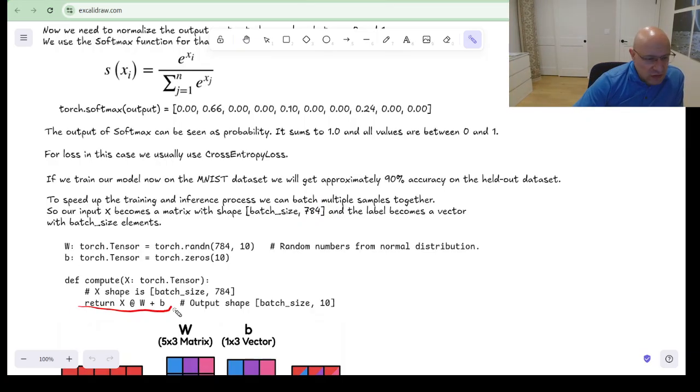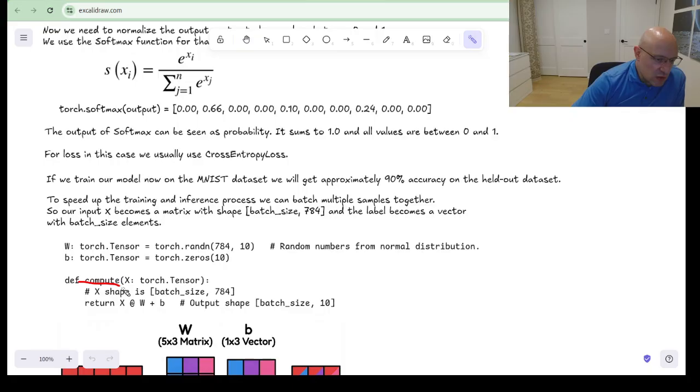So as you can see, it's still the same operator in PyTorch to do all of that. We created W, the weight matrix, which we randomly initialized, with 784 rows and 10 columns, one for each of the digits. We created the bias vector, initialized to zeros, again one for each digit that we want to recognize.